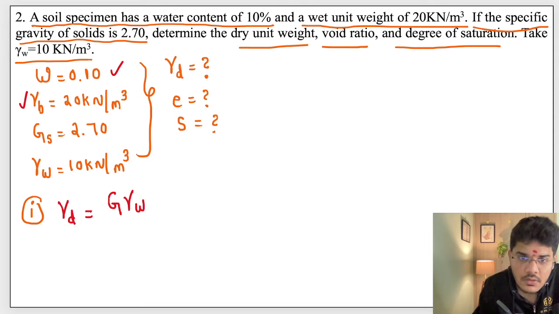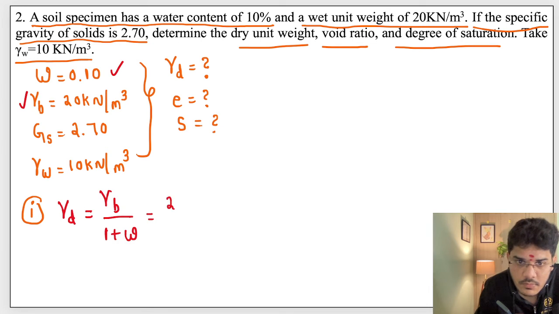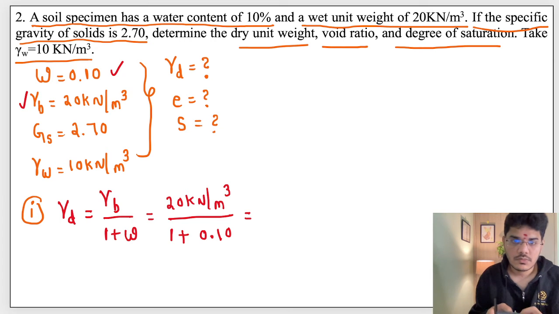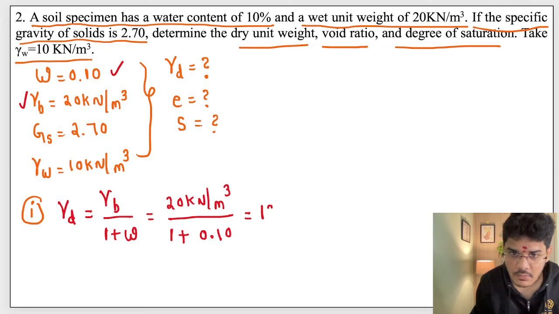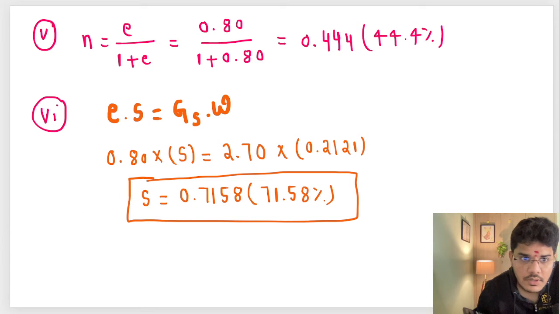Not the formula with G gamma W, we should not use that. Gamma D is equal to gamma B by 1 plus W. So gamma B is 20 kilonewton per meter cube divided by 1 plus water content 0.10, which is 1.10. 20 divided by 1.10 comes to around 18.18 kilonewton per meter cube.